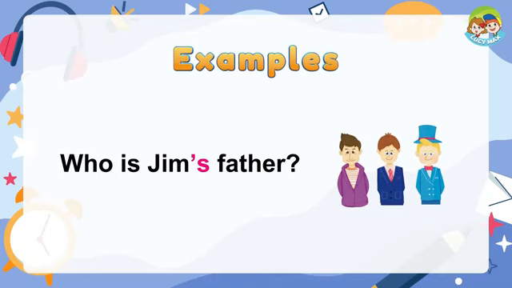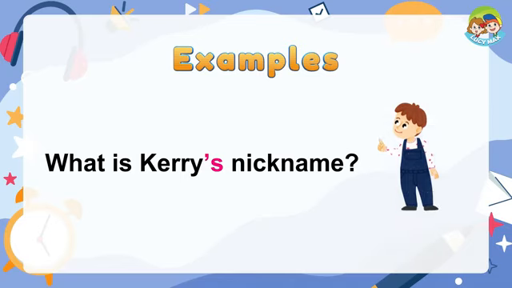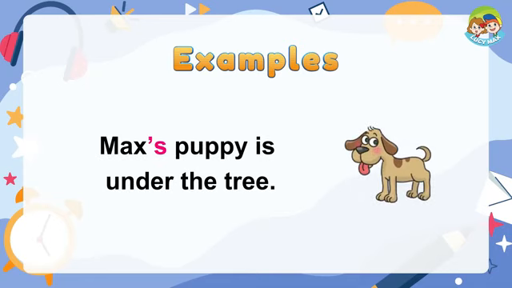Jim apostrophe S is the possessive adjective. What is Carrie's nickname? Max's puppy is under the tree.